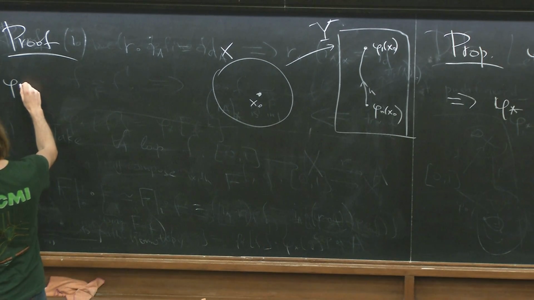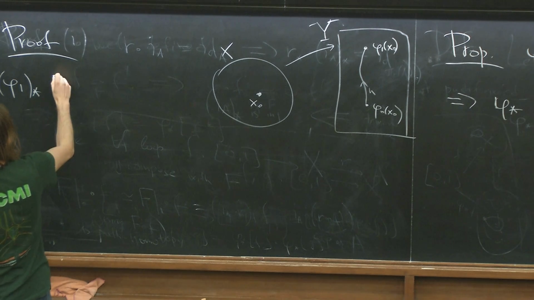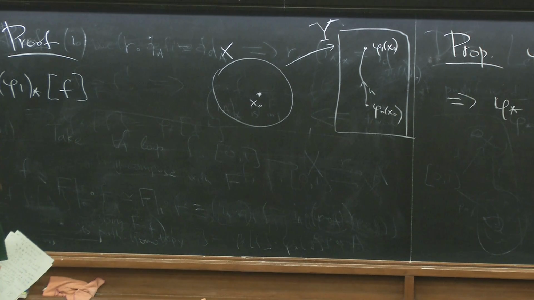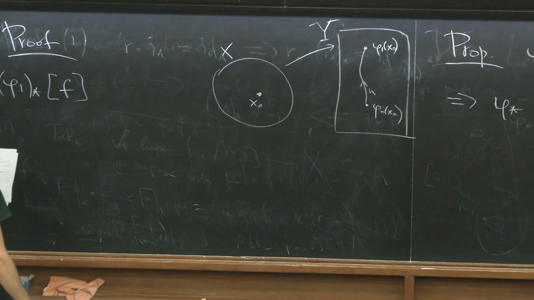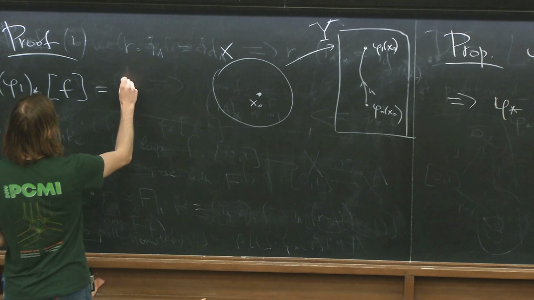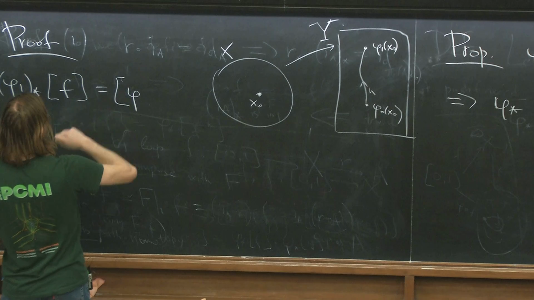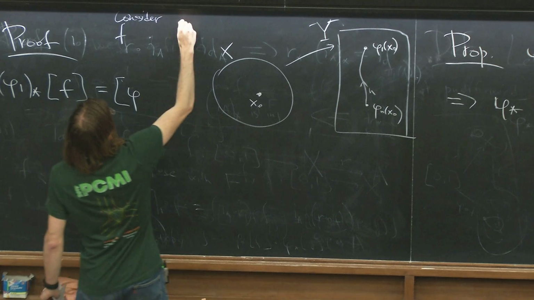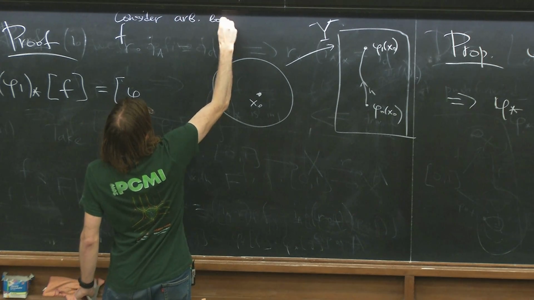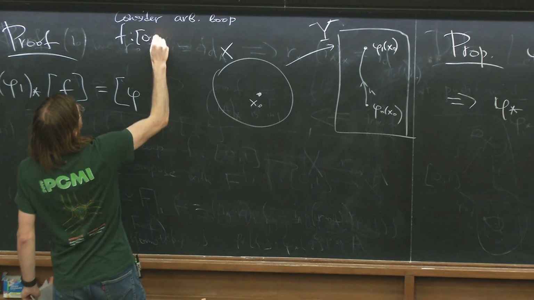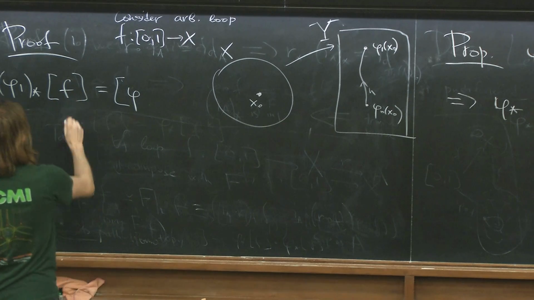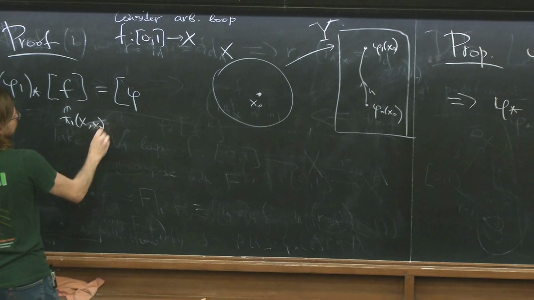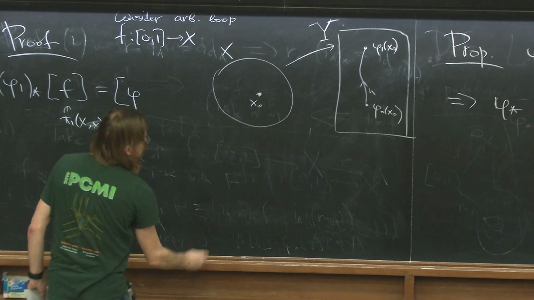So first consider phi1 star applied to F. Consider some F, an arbitrary loop F in X. This gives us some element in pi1(Y, phi1(x0)). Should look something like this.